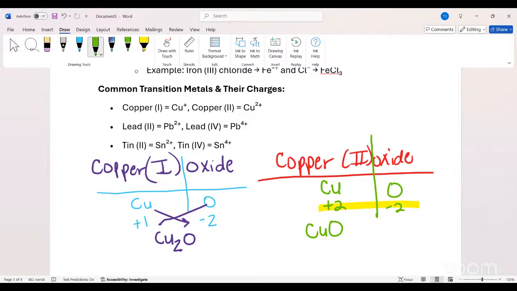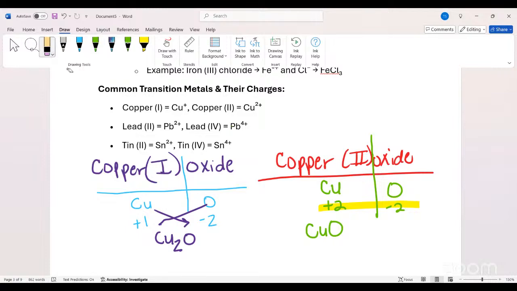Two different names, two different people. They look similar, but they are different, okay? They are different. So again, you just have to remember to write the formula with the charge that is assigned to it.